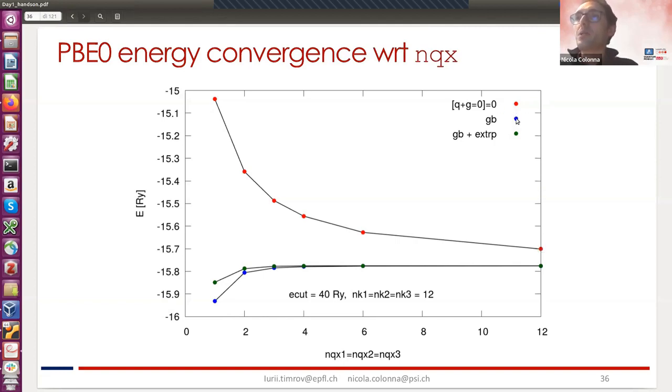If you then use the Gygi-Baldereschi scheme, you have the blue points, and you see that now probably already at 6, 6, 6, you are very, very well converged, but even 4, 4, 4 is a good choice. And if you include also the extra trick and you do an extrapolation very close to gamma, you have a much better convergence.